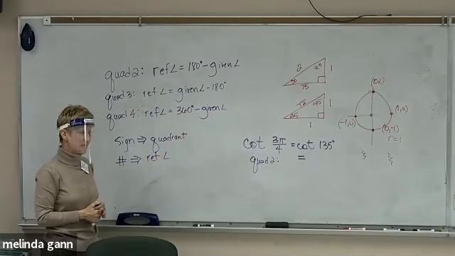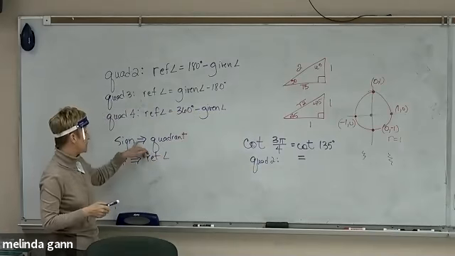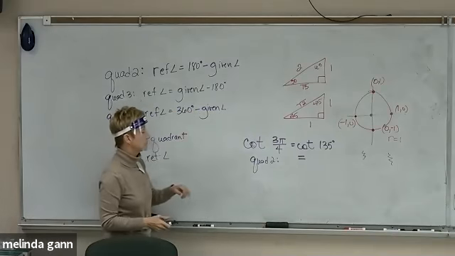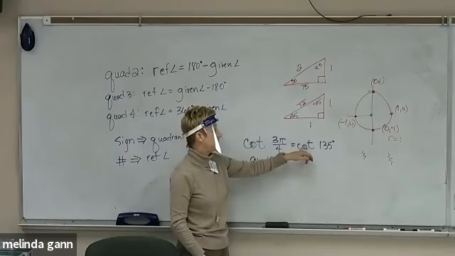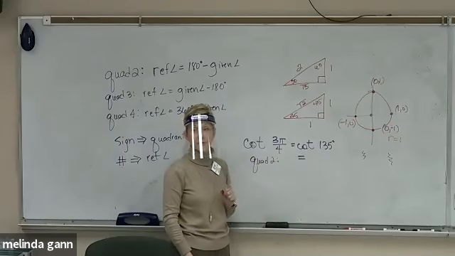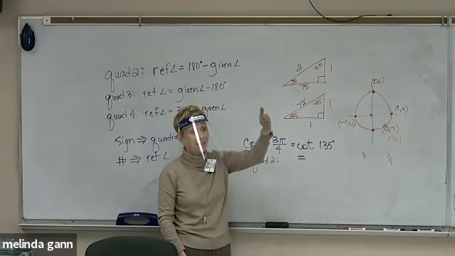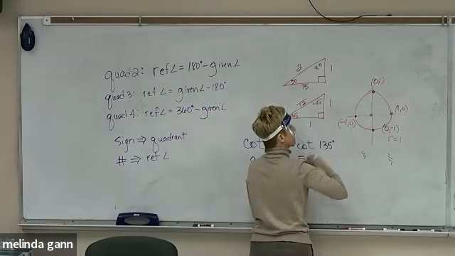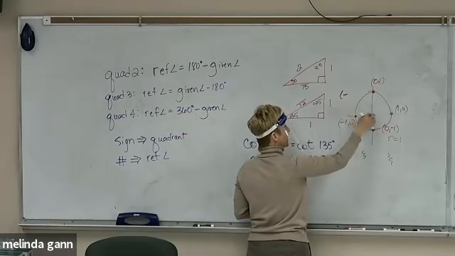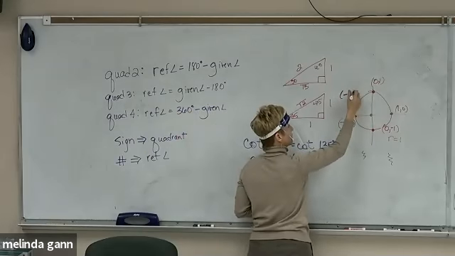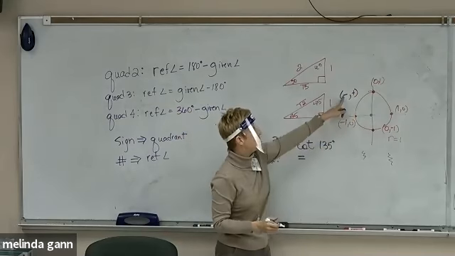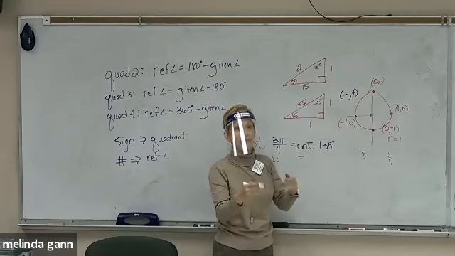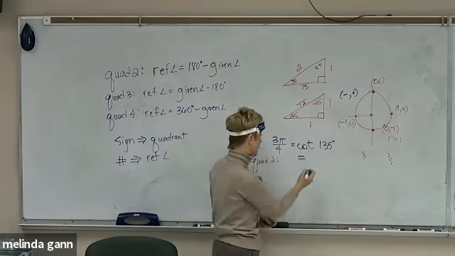And if you don't want to make a mistake, you probably better do the sign first because you'll forget it. So here's what I mean. Does cotangent depend on X, Y, or both? Both, because you got to put X over Y. Okay, if you're in quadrant 2, isn't your first number negative? Yes. And what's your second number? Positive. So if you put your X over your Y, you're putting a negative over a positive. What's that make the final answer? So this answer is negative.